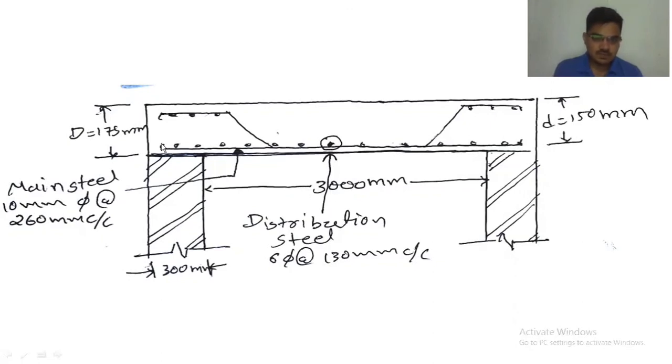The main steel is provided here, the horizontal line, which is main steel of 10 mm diameter at 260 mm center to center, and distribution steel, shown as dots, is 6 mm diameter at 130 mm center to center, which is resting on 300 mm wall. On these two sides, 50% bent up bar, alternate bent up bar, is also provided here and here.